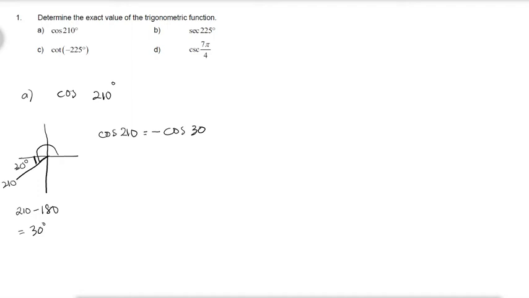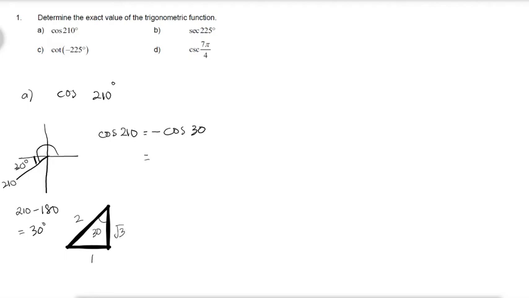Okay, to get cos 30, you can find using an equilateral triangle, for 30 degree, where we can find this as 1, 2, and square root of 3.